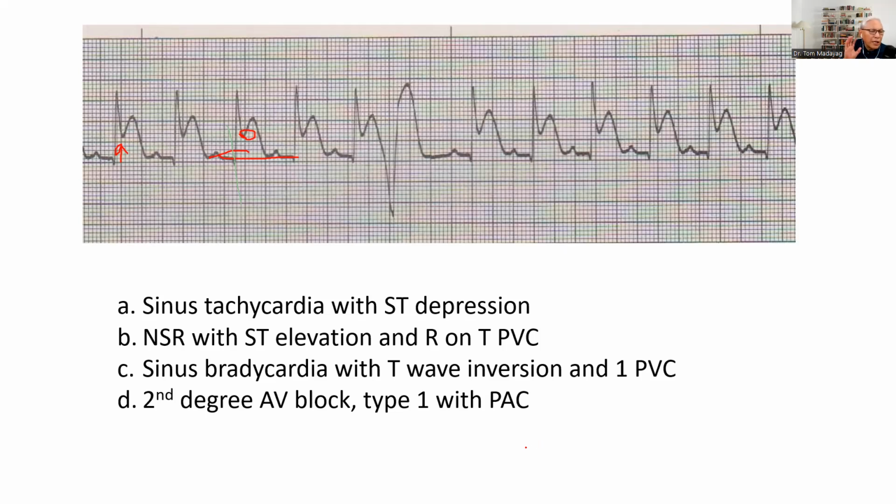Now, if this is one PVC that you saw, would you be concerned with this PVC? Yes or no? Could you please type in the chat box whether or not you will be concerned? Or would you ignore it? Yes or no?